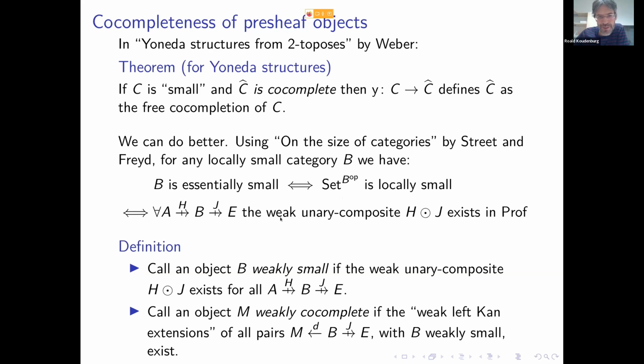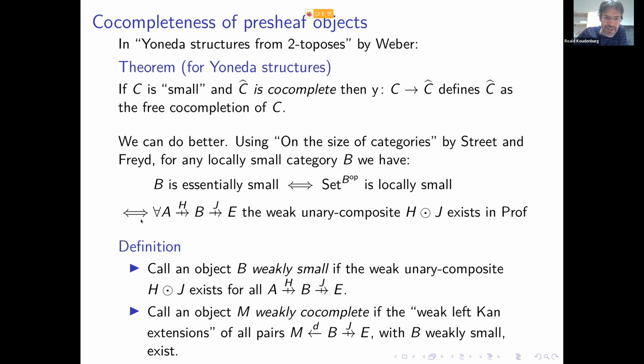These weak unary composites, I told you what they were. They had this universal property that was vertically dual to that of a restriction, defined by a co-Cartesian cell, vertically dual to a Cartesian cell.